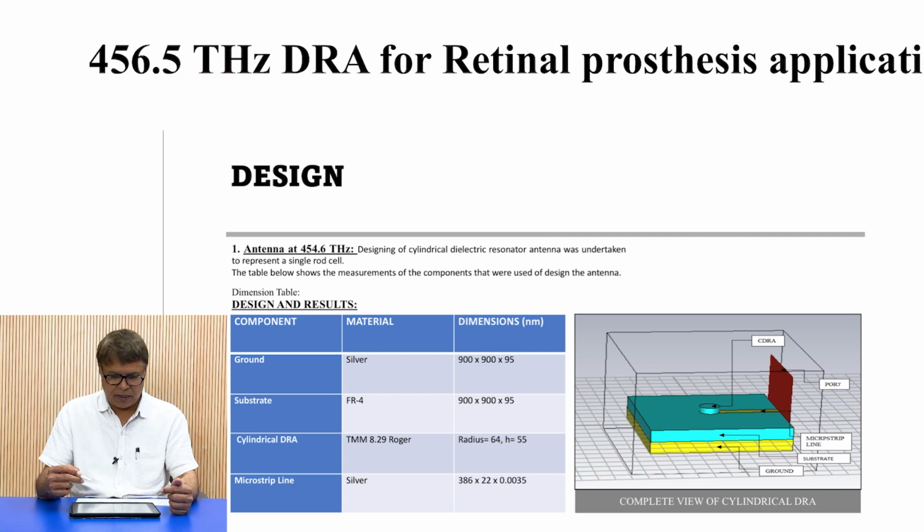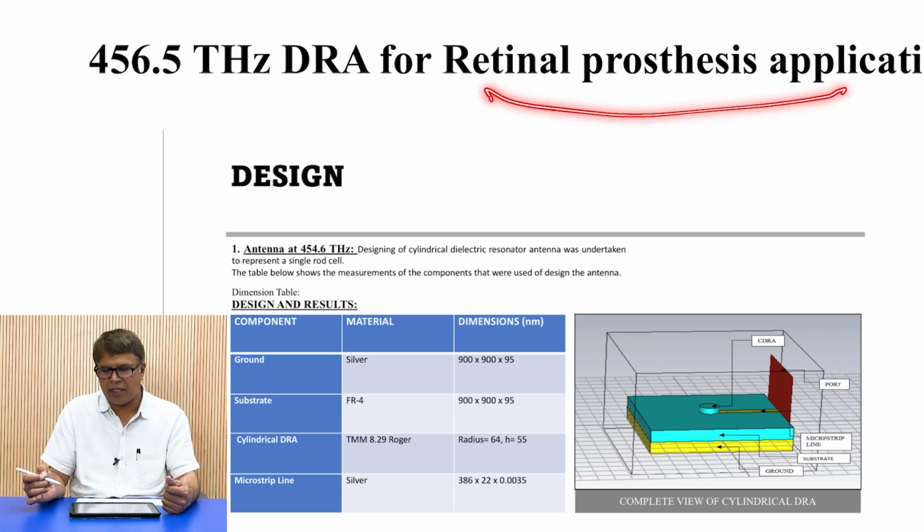But this sensor is applied for different applications, because in our retina we have rods and cones. So we have taken the shape of a rod, which is cylindrical in nature, and this rod-shaped DRA is used for retinal prosthesis application.